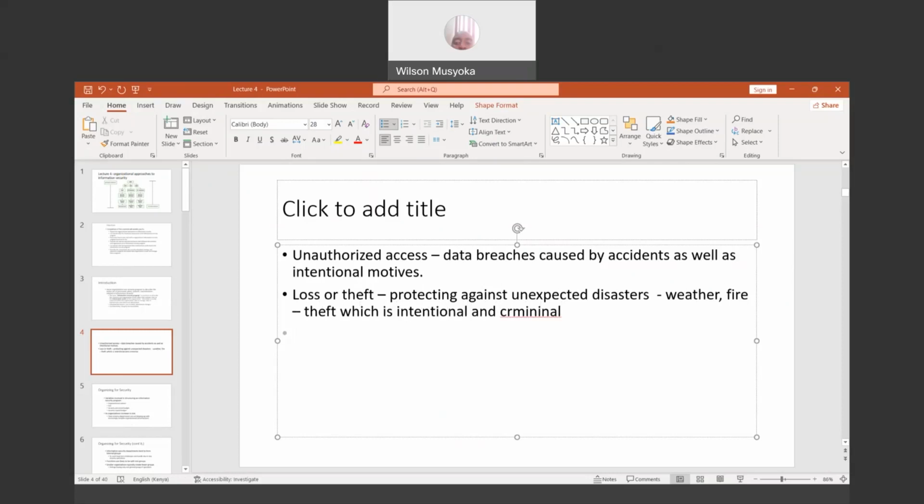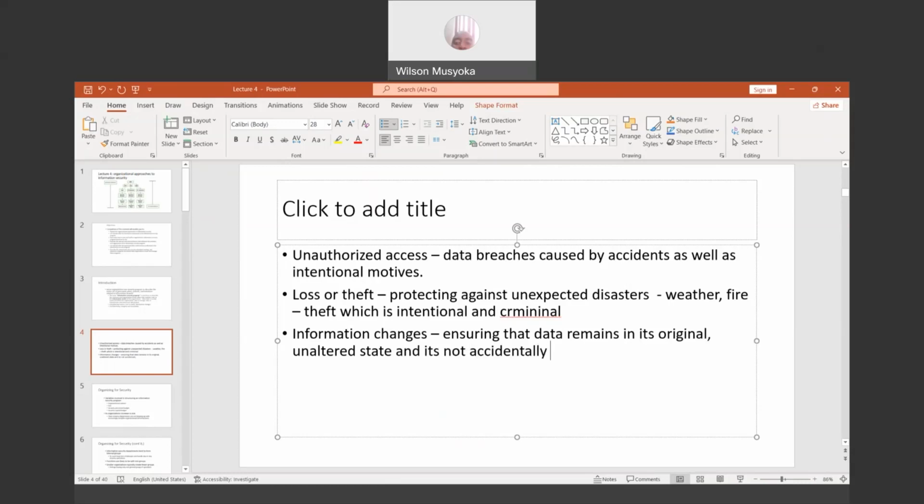And then when we are talking about information changes, we are looking at it in terms of ensuring that data remains in its original, unaltered state, and it's not accidentally or maliciously altered.